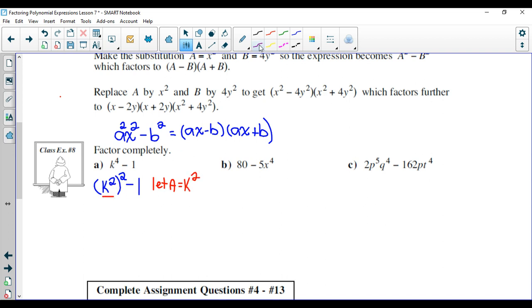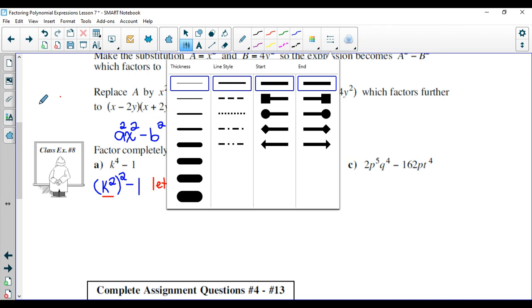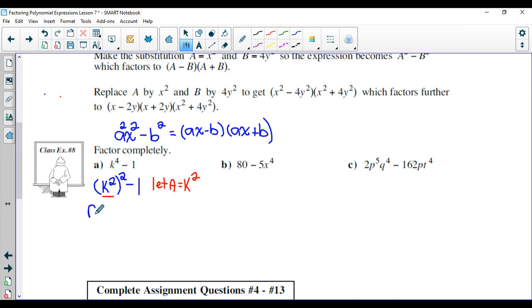So I'm going to rewrite it. Now it looks like A squared minus 1. That's easy to factor because A squared minus 1 is just a difference of squares. By doing this substitution, I've turned it into a difference of squares. So now this would just be A minus 1 and then A plus 1.